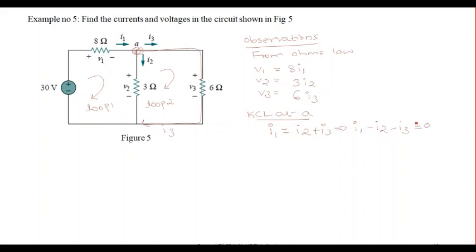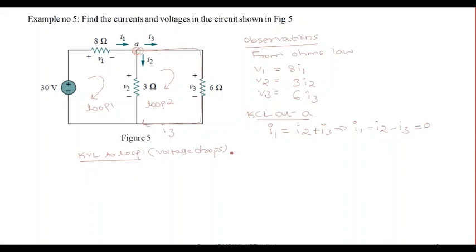Based on this, now if I apply KVL to loop 1, consider only the voltage drops. In loop 1, we have three voltage drops.